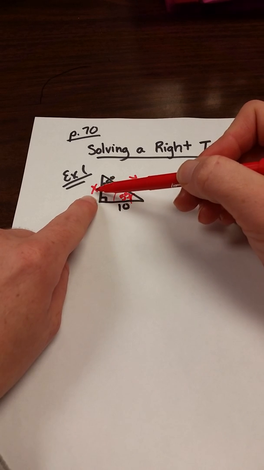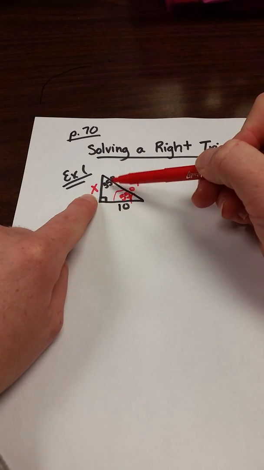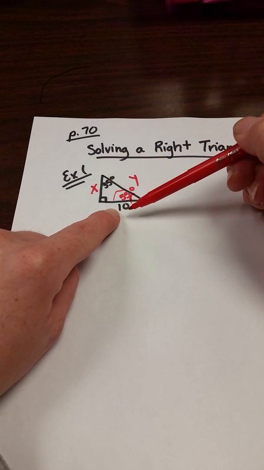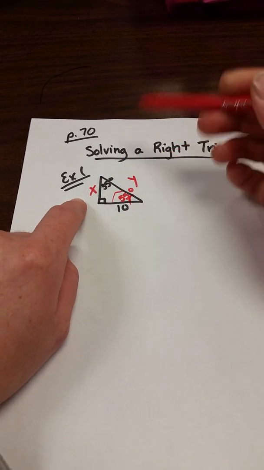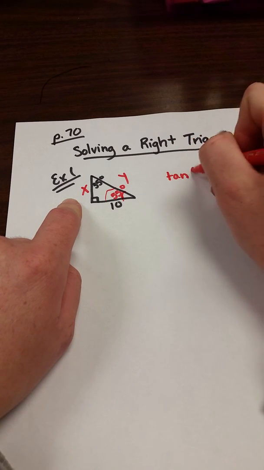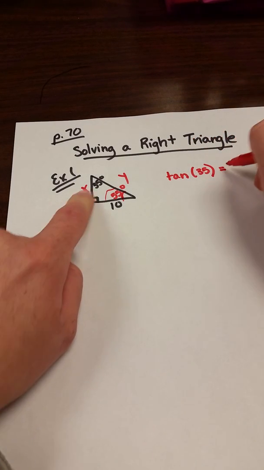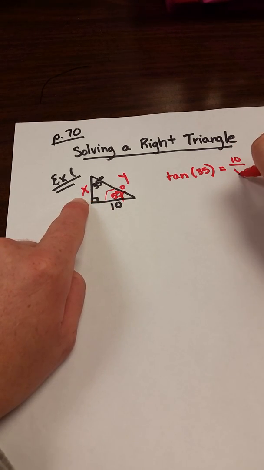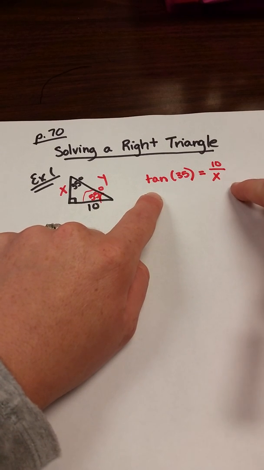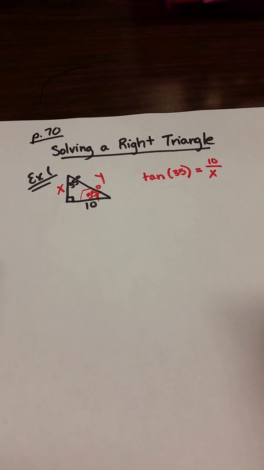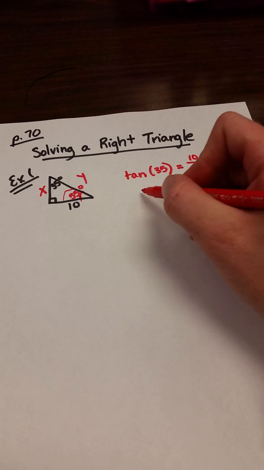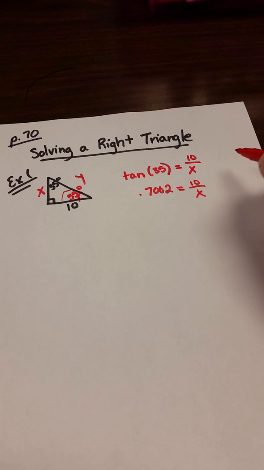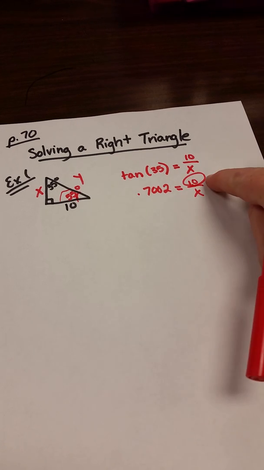So when I look at my picture, the X is adjacent to 35 because it's next to it, and the 10 is opposite. So I have opposite and adjacent, which is tangent. So I'm going to do tangent of 35 equals opposite 10 over adjacent X. And I'm going to solve this equation for X. So on your calculator, you're going to do tangent of 35, which is 0.7002, equals 10 over X. Since my 10 is on top, I'm going to divide.